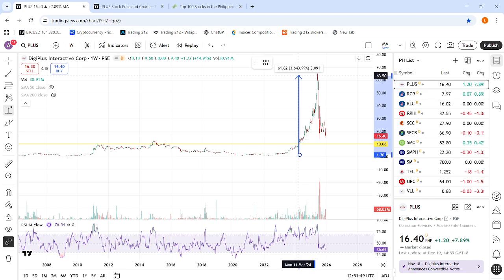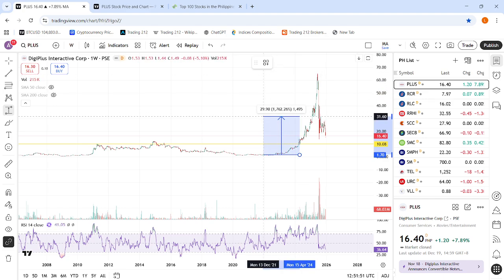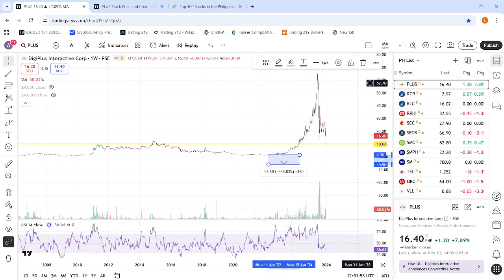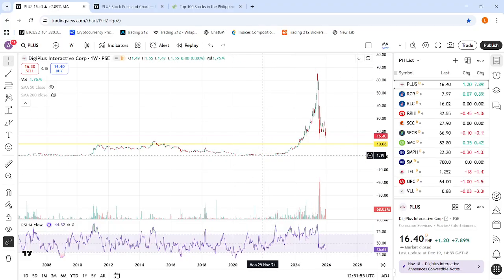If you just held your position from, what year is this? 2021. If you just held your position from 1 peso going to this, that is a huge profit, and that is 3,000%. If you compute, that's times 30. If you bought here, let's say 1,000, your money is now 30,000 at this level.